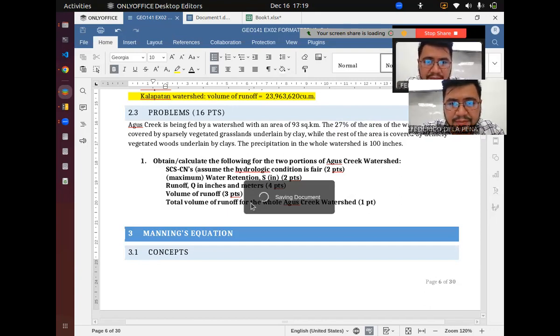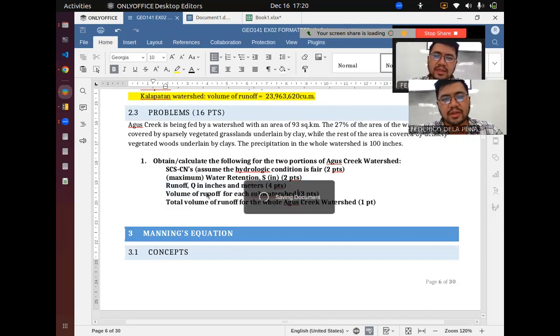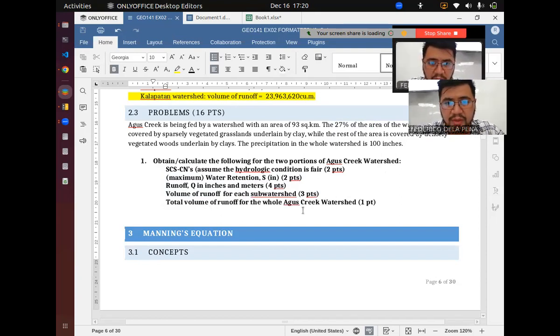And then also calculate the maximum water retention S, and also the runoff in inches and meters, and the volume of the runoff for each sub watershed. So each sub watershed calculate their runoff, and also for the whole watershed calculate the total runoff. Okay? Pretty easy.